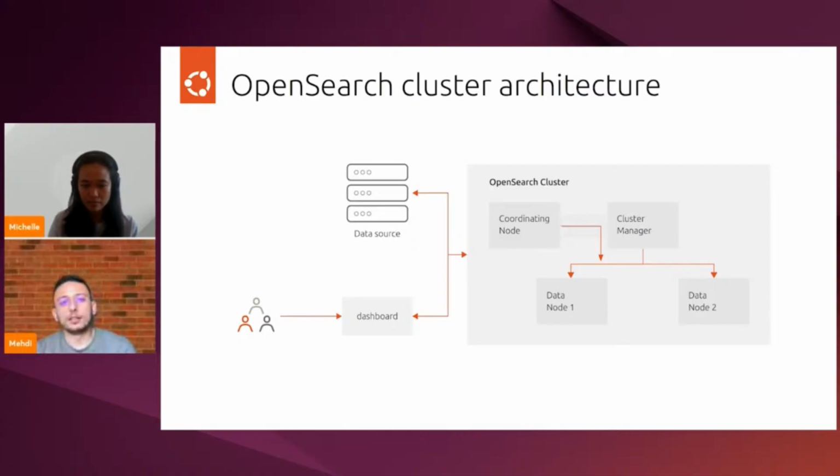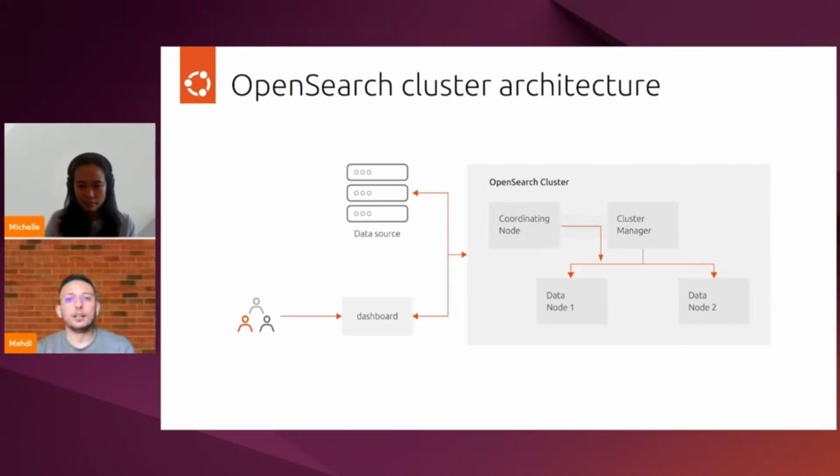The data nodes are the nodes that are effectively storing data, shards, so indices, and the shard is the unit of storage of those indices, so primary shards, replica shards, and so on and so forth. So data nodes are the ones effectively serving as storage nodes.